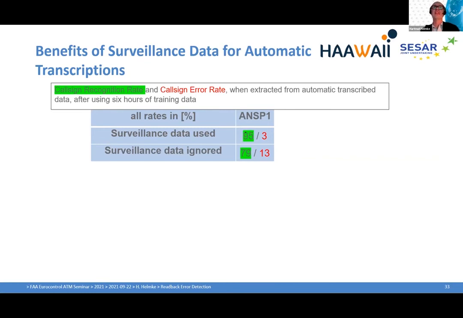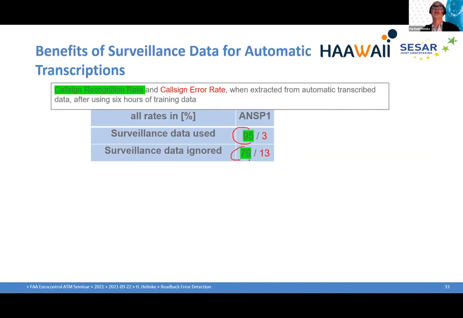The challenge is that this semantic interpretation algorithm must be able to handle the output of a speech recognizer, and not all the words are correct. We are happy if we have only a word error rate of 7%. For pilots, I think we need to accept 10% word error rate. But with this, at the moment, using surveillance data, the call sign recognition rate is 95%.